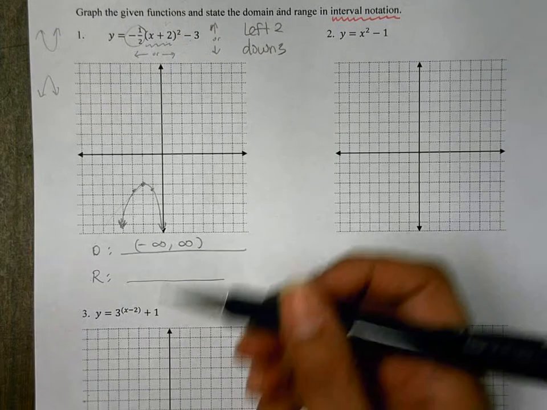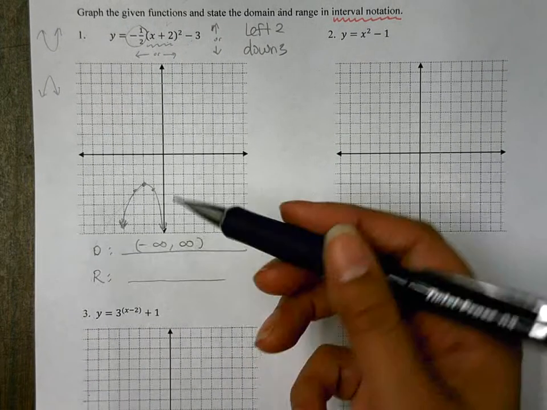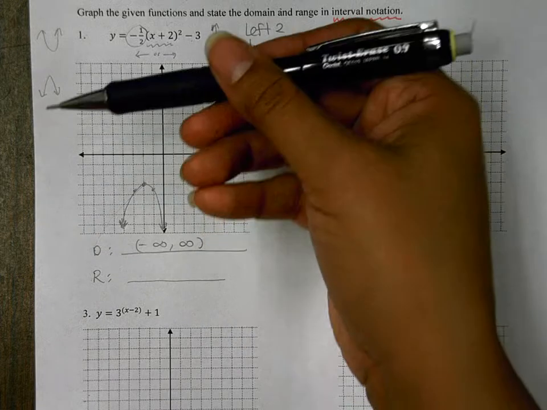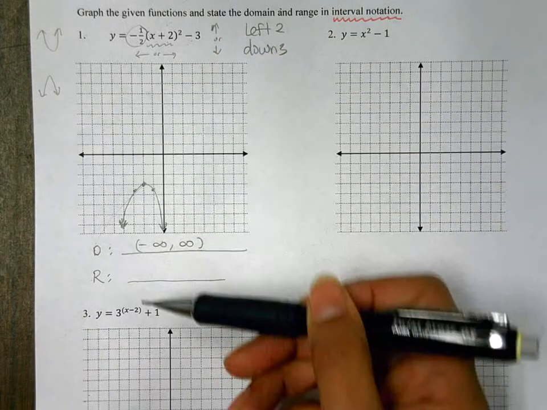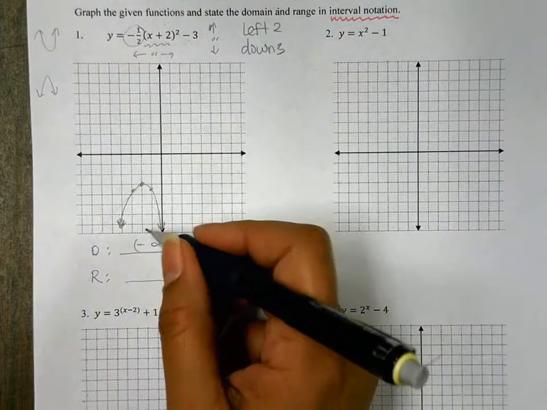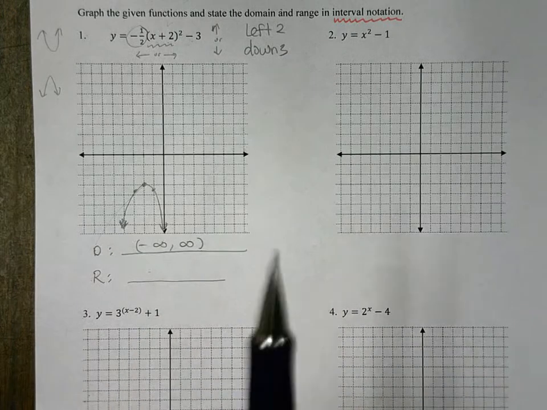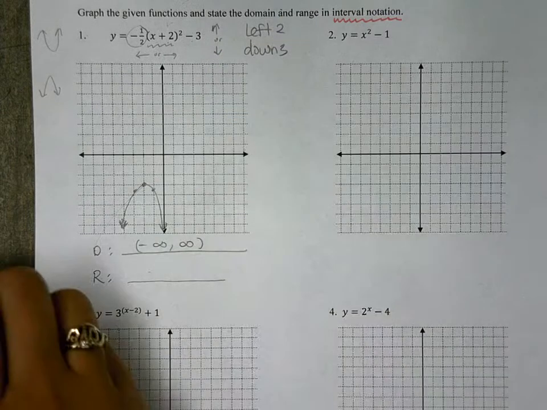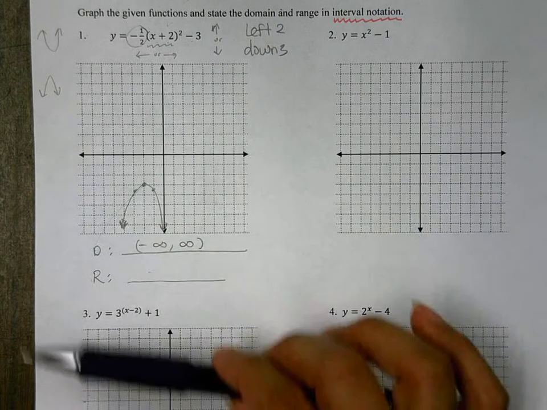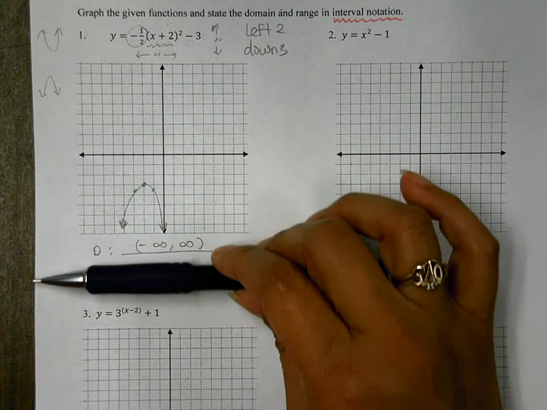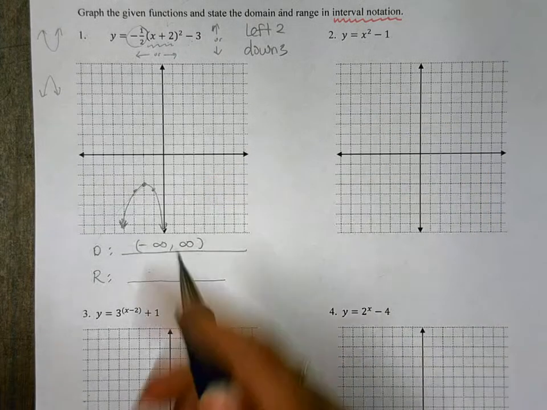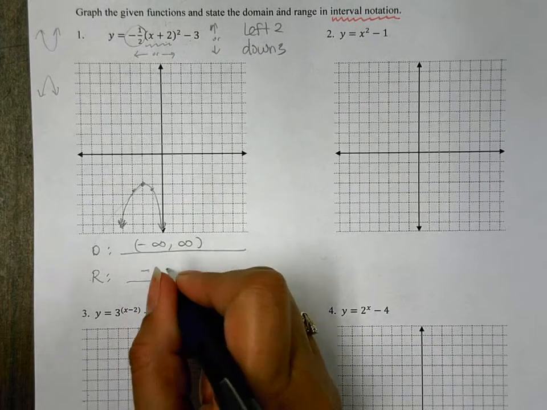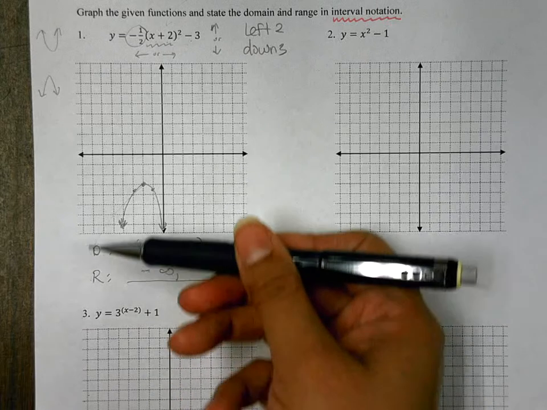All right, range. It's not -infinity to infinity because the graph does not go up and down forever. It goes only down forever. So we say, starting from the bottom, you always go bottom up for your range and left to right for your domain. Coming from the bottom, there's always a graph at the bottom because the arrows tell me it's going down forever. So -infinity. And it doesn't go up forever.